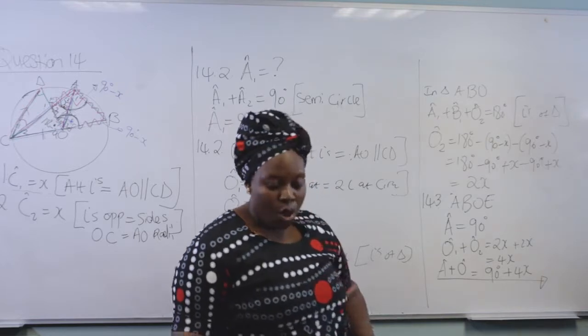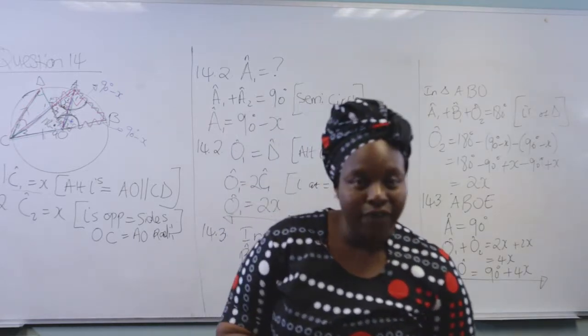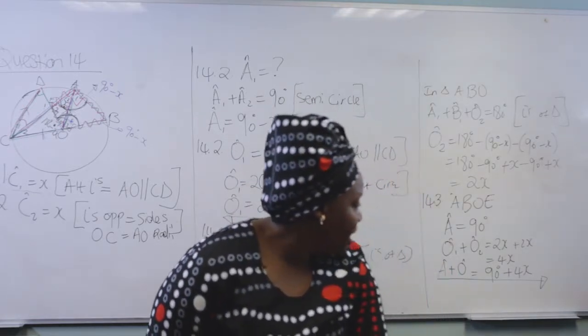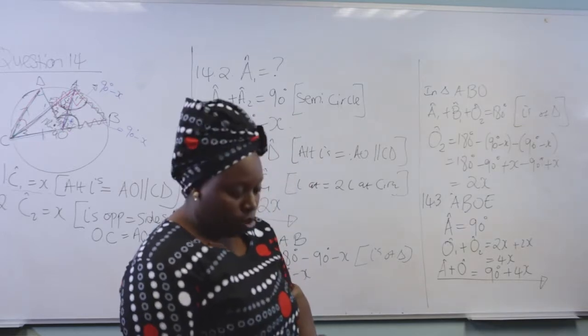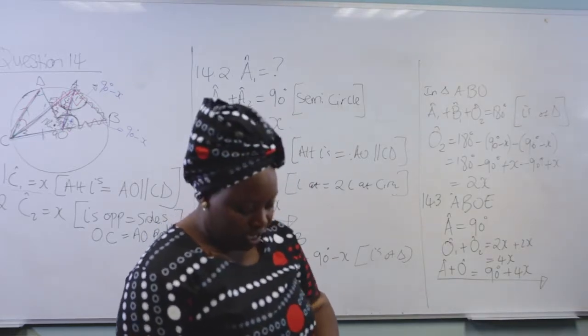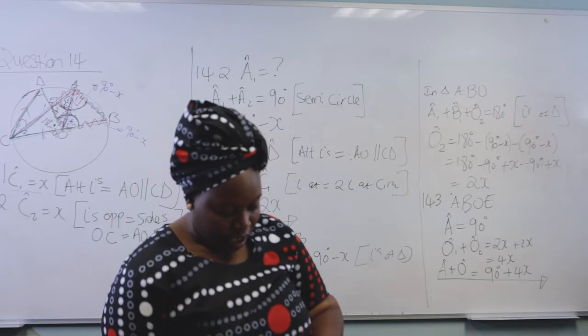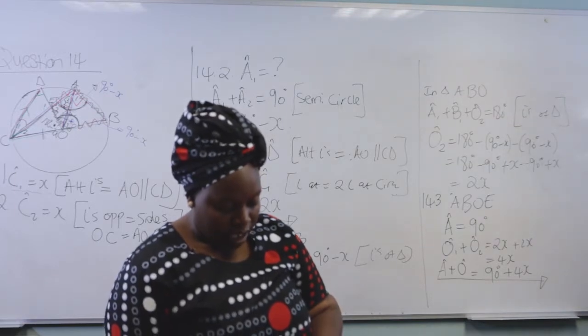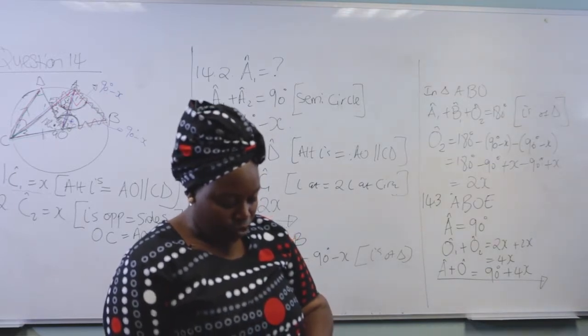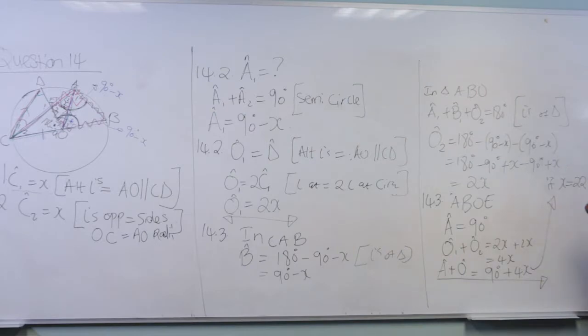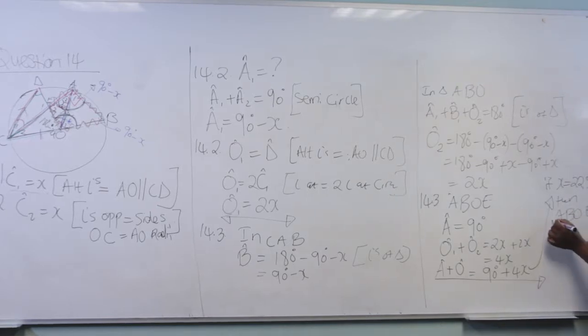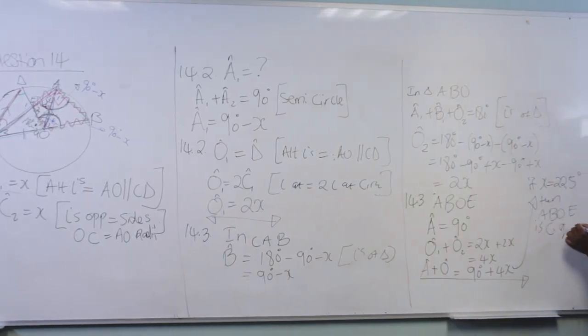That's what they're saying. What is the value of x, or what value can you put? You multiply it, and then you get to the solution. So let's see, if I say 90 divided by 4, I'm getting something like 22.5. 22.5 is then the value for which A, B, O, E is a cyclic quadrilateral.